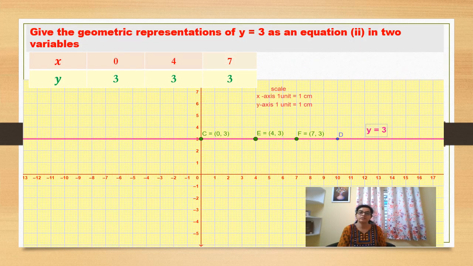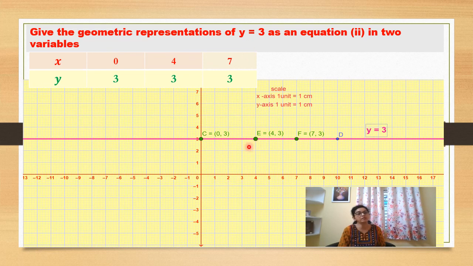Now we'll give the geometrical representation of y is equal to 3 as an equation, but this time in two variables. In the previous slide, we saw that it was in a single variable, so we represented it on a number line. But this time we are going to represent it on a Cartesian plane. How are we going to represent it on a Cartesian plane? It is very interesting. You can see that y is 3 all the time. Why?